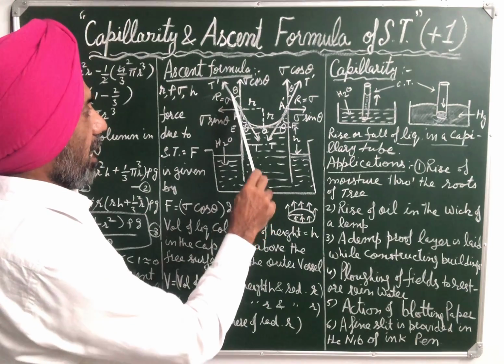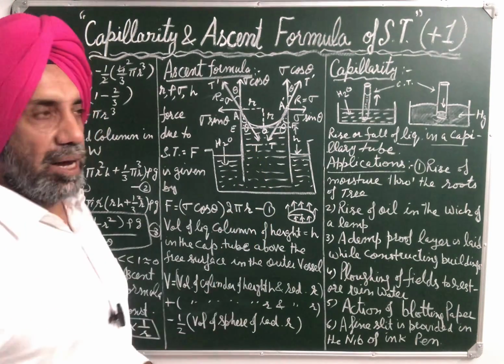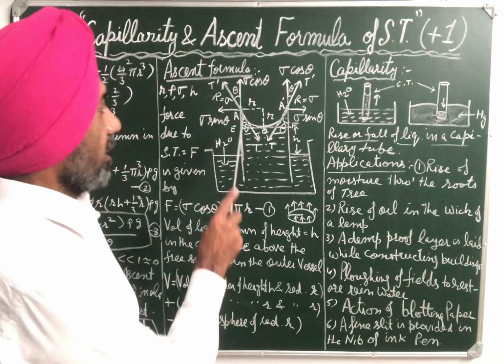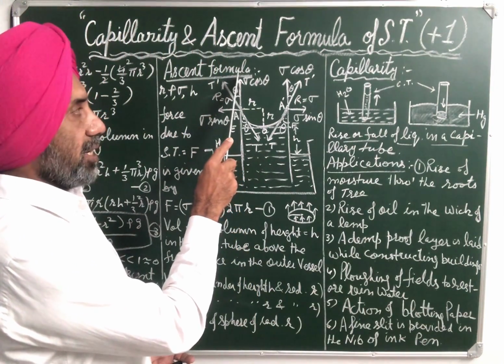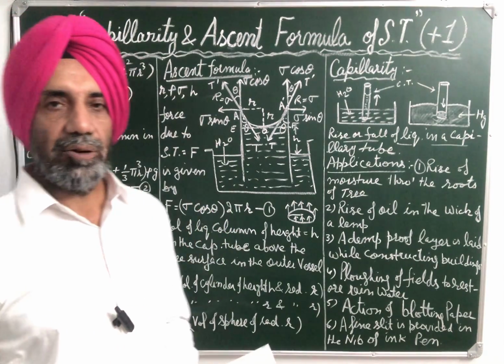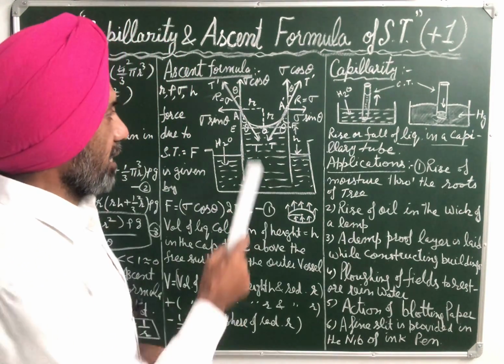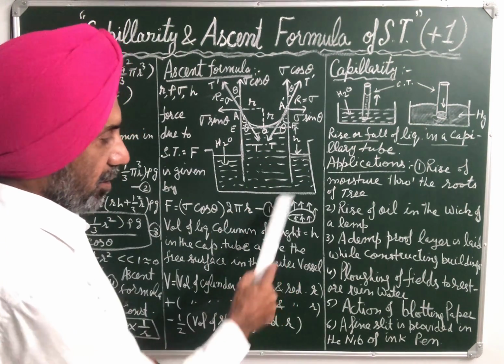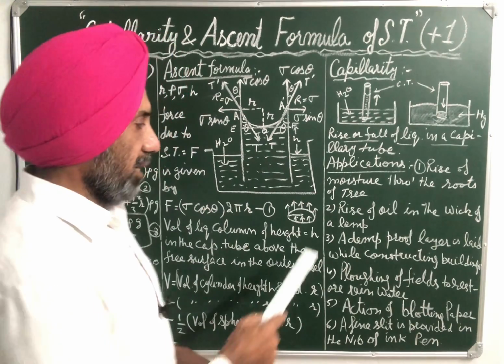It means this R is equal to sigma acting along AT dash can be resolved into two rectangular components: sigma cos theta vertically upward along the walls of the capillary tube, and sigma sin theta perpendicular to the walls of the capillary tube. Sigma cos theta and sigma sin theta act everywhere on the capillary tube.